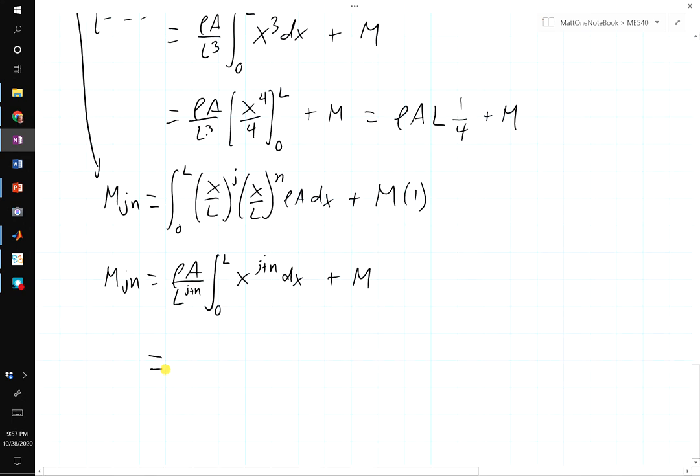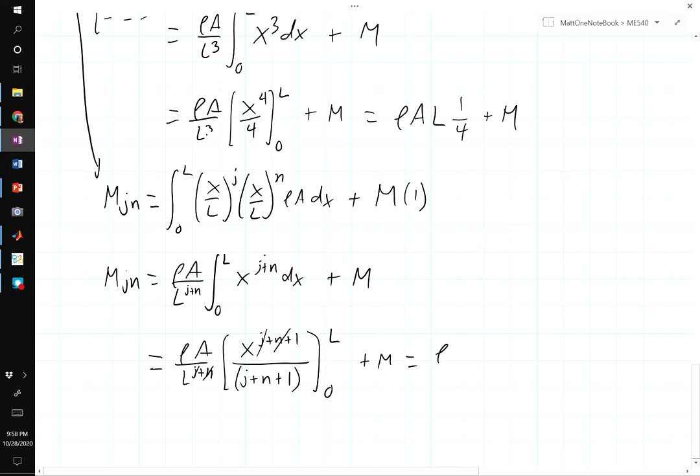Similarly to what we got before, now we'll get x to the j plus n plus 1, so we increase the exponent by 1, and we divide by that and evaluate this from 0 to L. So the L to the j plus n, most of these cancel, and we're left with rho a L over j plus n plus 1.